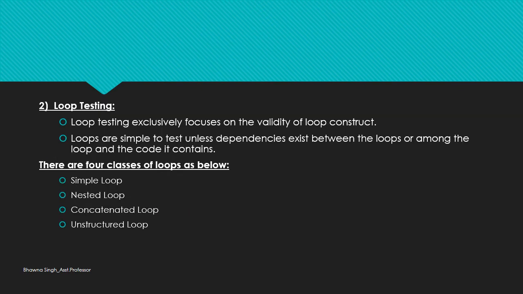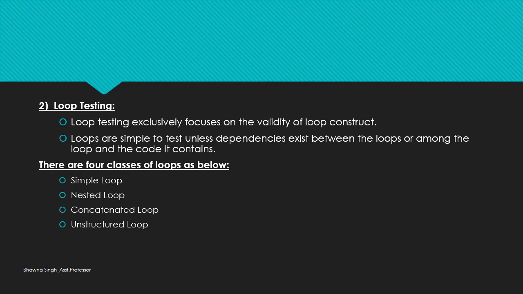Now the second method is loop testing, where we exclusively focus on the validity of all the loop constructs, and these loops are simple to test unless there exist some dependencies between them, or there are some other loops inside them, or in the code that it is containing. So basically we have 4 classes of loops: simple loops, nested loops, concatenated loops and unstructured loops.